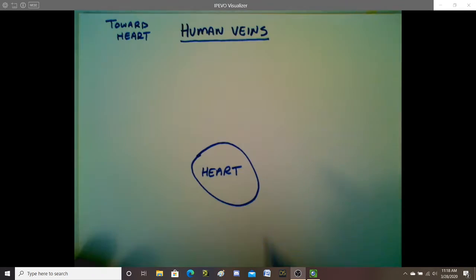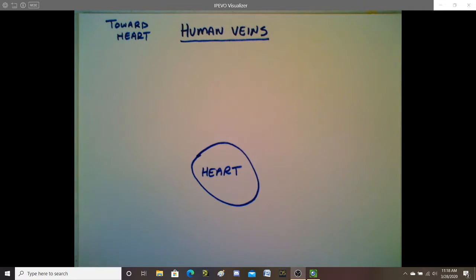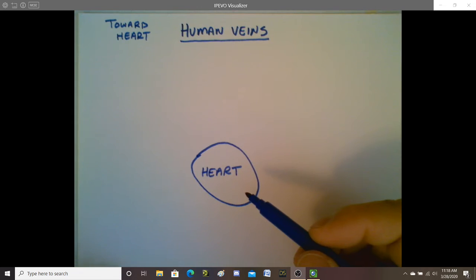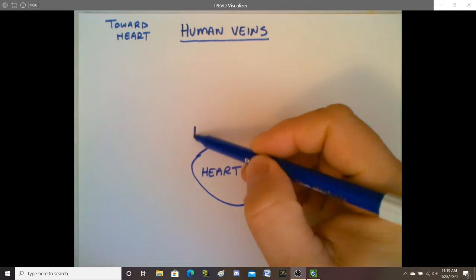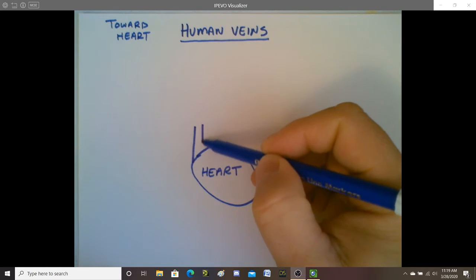Now, I know that blood is moving toward the heart, but I'm going to diagram our roadmap working from the heart out, like we did with the arteries. But blood flow is going the opposite way we're drawing this. Now, going to the heart are two main blood vessels, and they're on the right side.